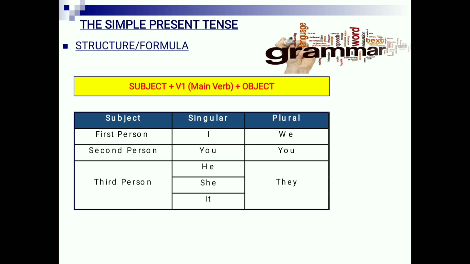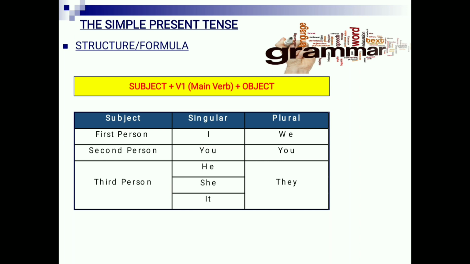In tenses we concentrate on verbs. In simple present tense, the verb we have to use only in main form, that is the basic form, first form of verb. But the verb again depends on the subject. Now you know, in my previous session also I told you about verbs.